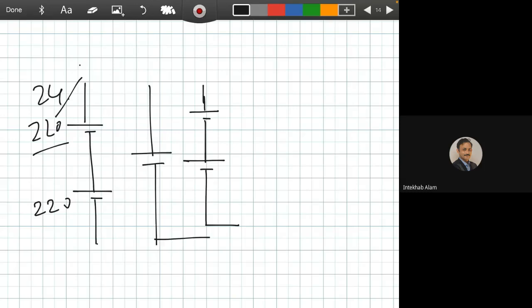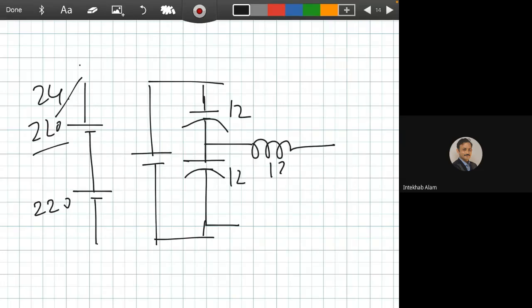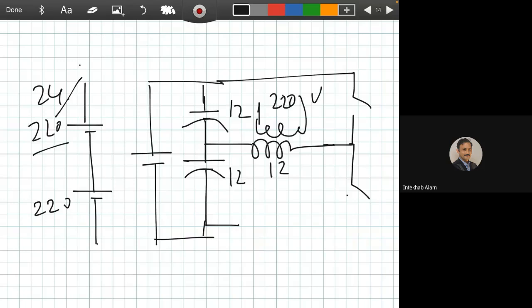If it is 24 volts, then you have to use 2 capacitors in here to make 12 volts, and then this output is actually 12 volts, so you have to use a 220 volts transformer in here. It's a very common picture in the book.